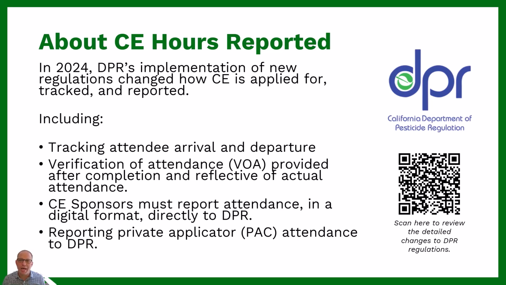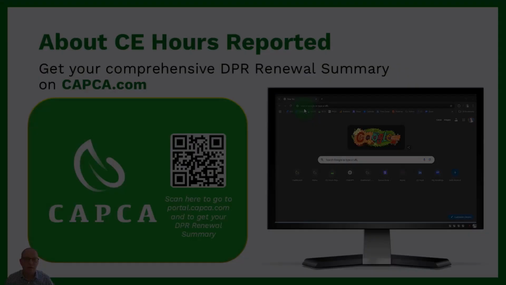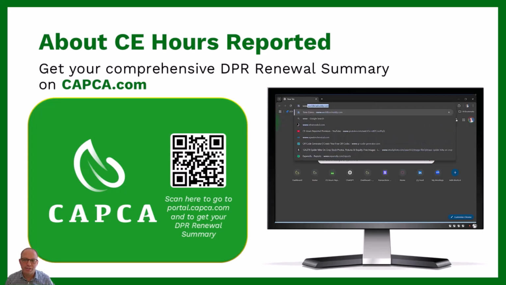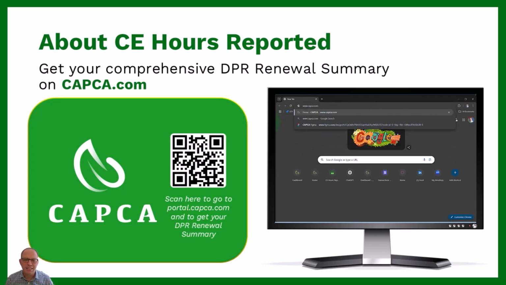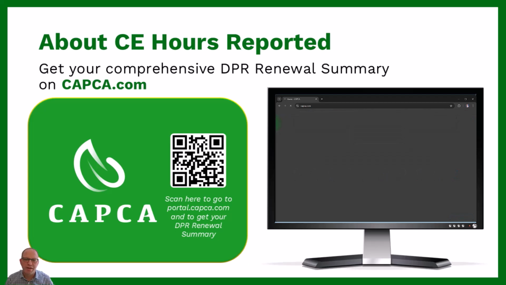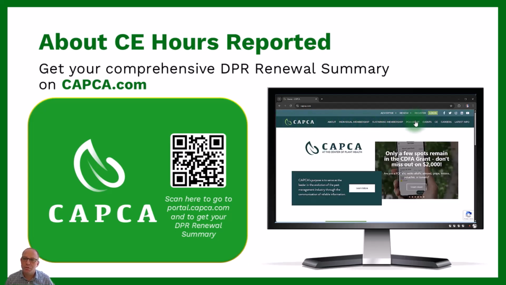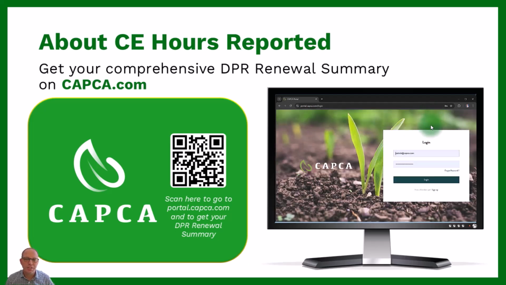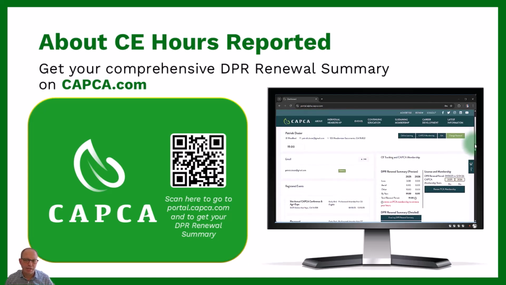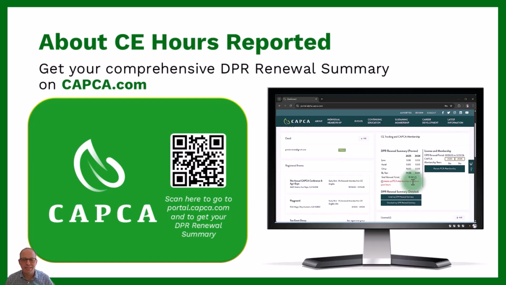The California Association of Pest Control Advisors, or CAPCA, maintains the CE Hours Reported system to provide one of the key benefits to our members who hold a DPR license, such as pest control advisors, or PCAs, and qualified applicators, including QALs and QACs.